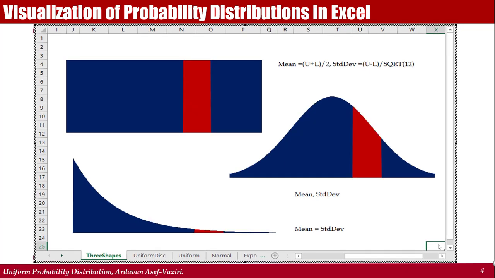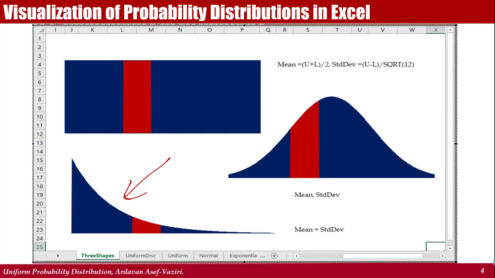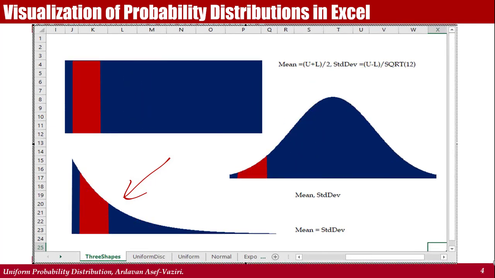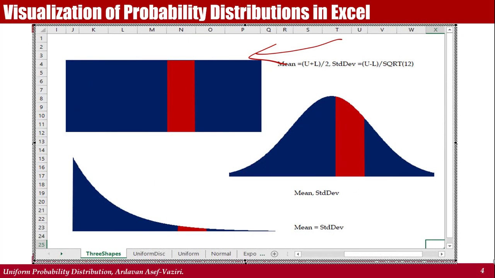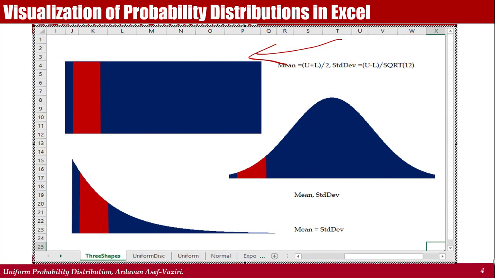The probability of numbers close to the average is large. In the exponential probability distribution, probabilities of large numbers are small, and probabilities of small numbers are large. In the uniform probability distribution, probabilities are equal.